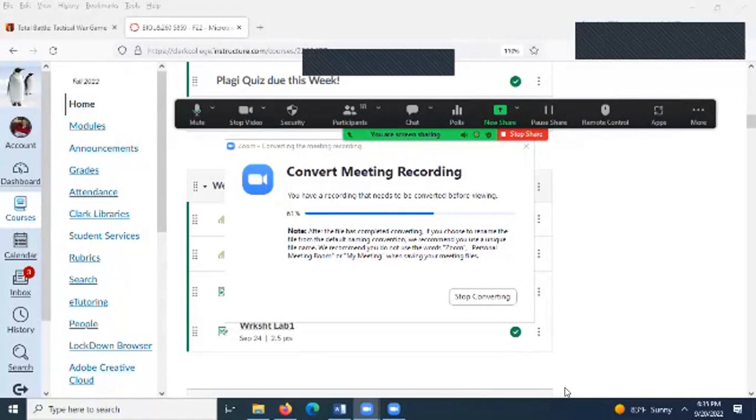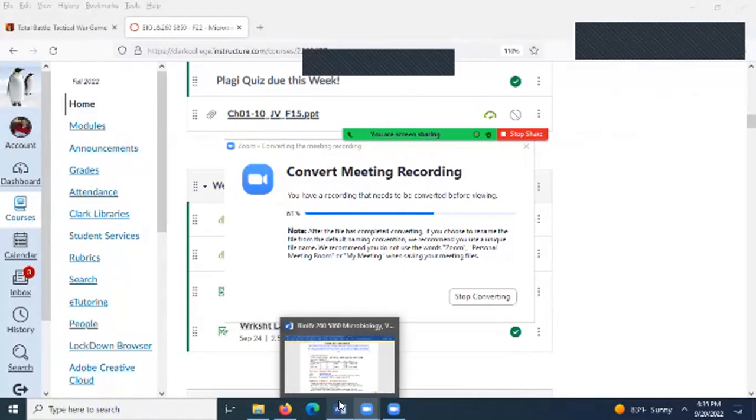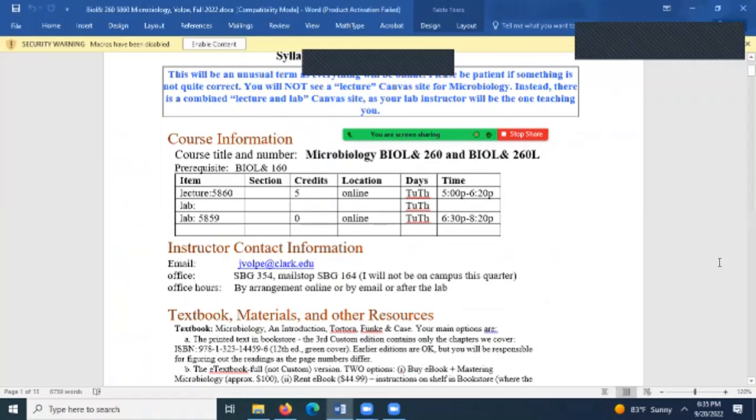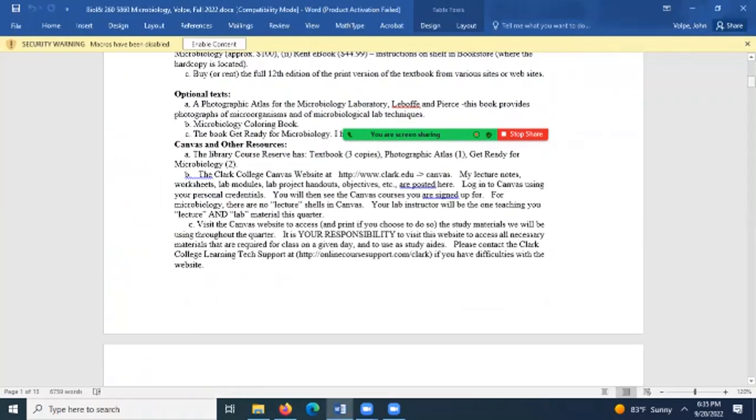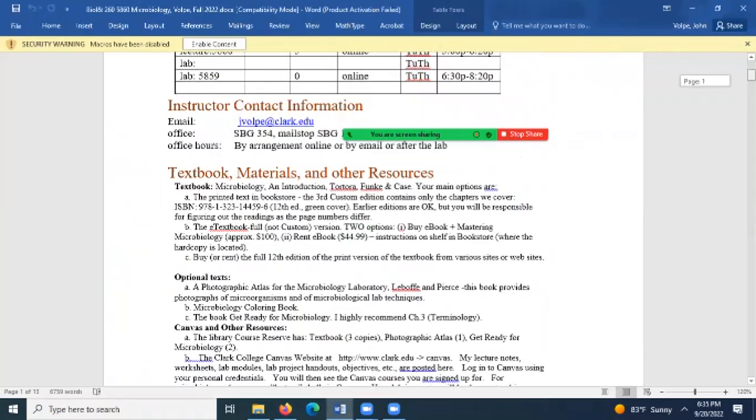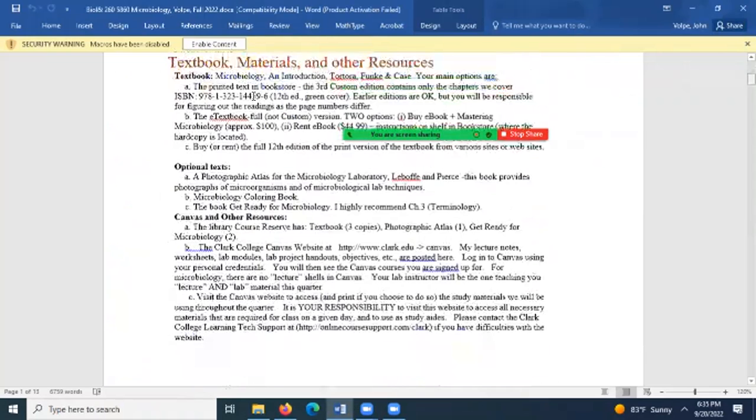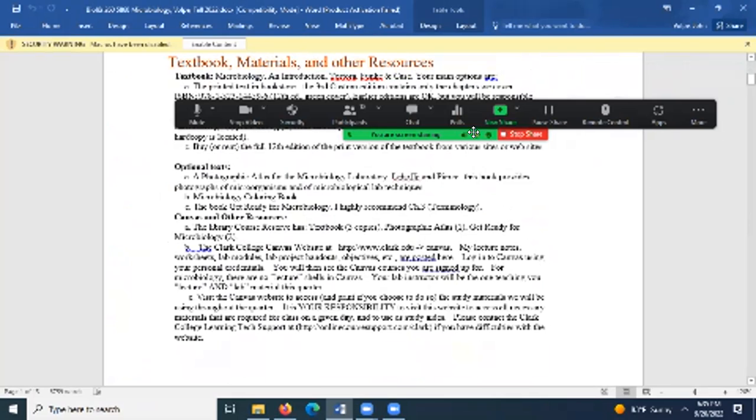You should be able to see my screen. Let me talk just a little bit about the syllabus, the material for the lab. There is no lab textbook. Everything for the lab will be online.